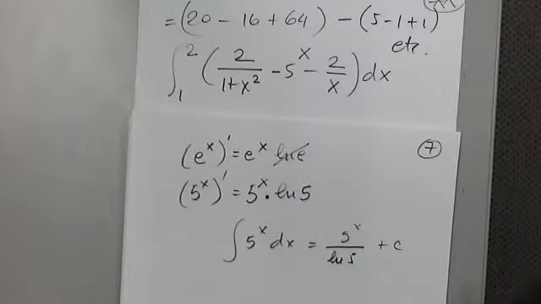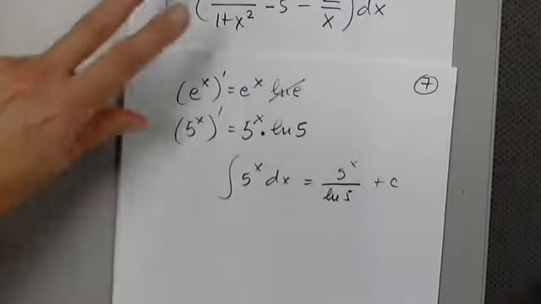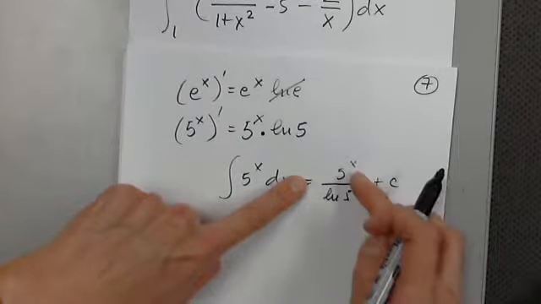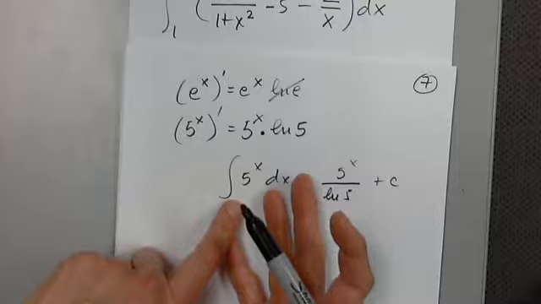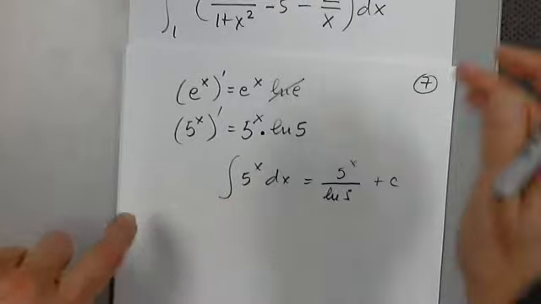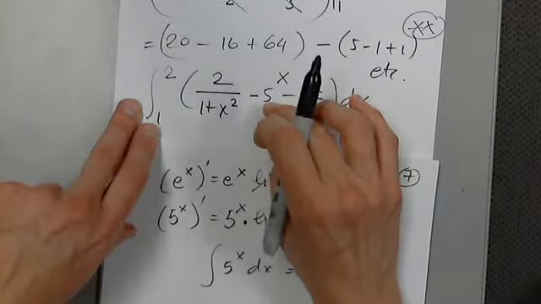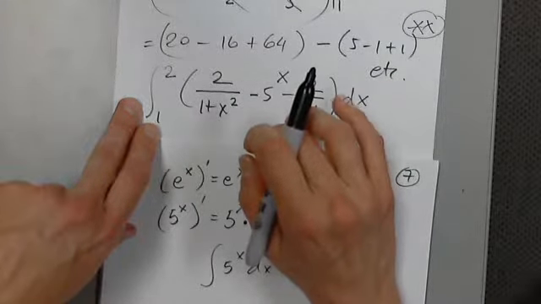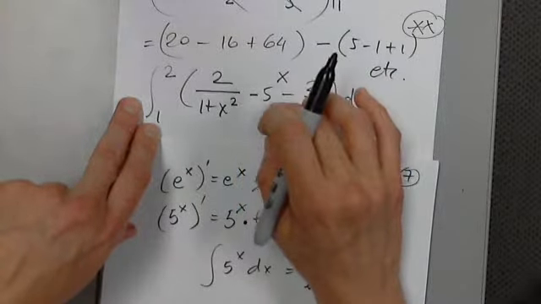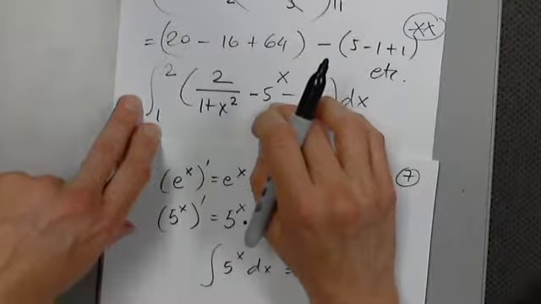Exactly, so it goes away. When I differentiate this, I have 5 to the x natural log 5, and it will go away, and I get 5 to the x. So when we come back here and integrate this, the answer will be 5 to the x over natural log 5. When I differentiate 5 to the x, I have 5 to the x times natural log 5.